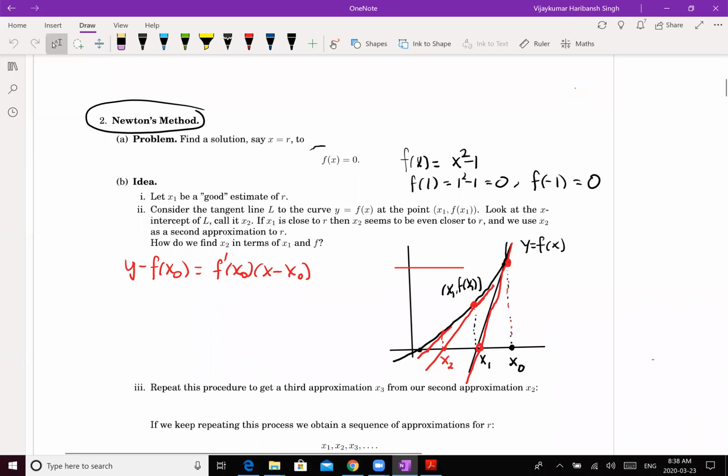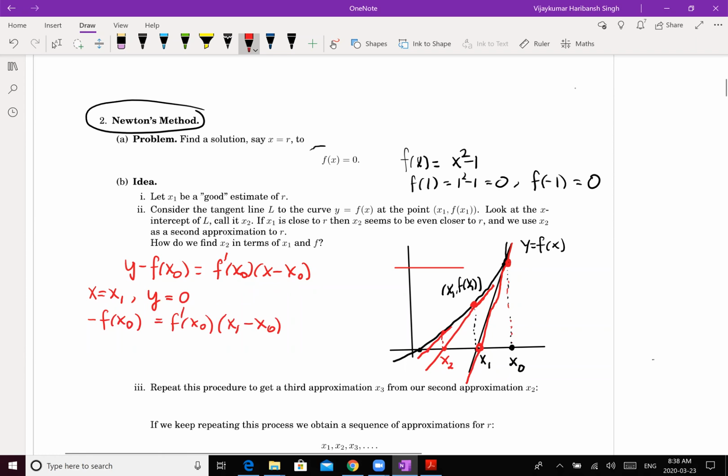Now, where it cuts the x-axis, you're choosing to call that value of x as x1, and where it cuts the x-axis, your y will become 0, right? So substitute this here. You get minus f of x0 equals f prime of x0 times, your x became x1, so x1 minus x0.